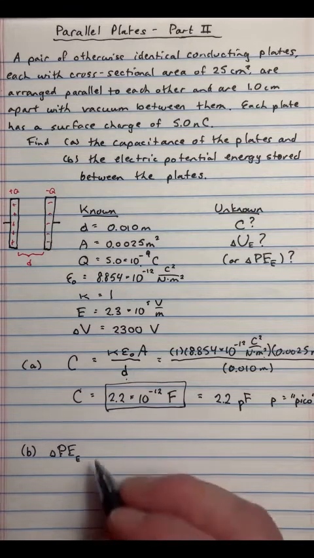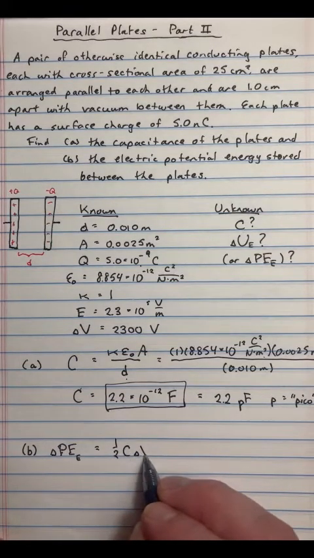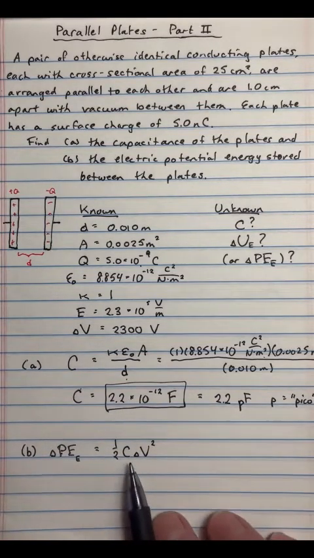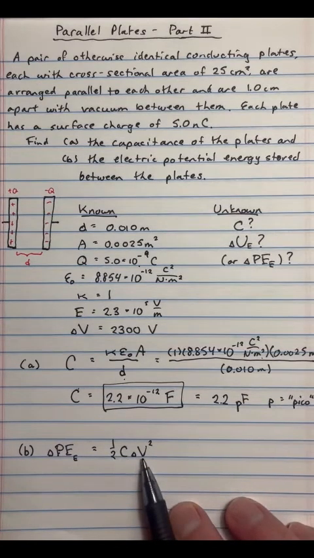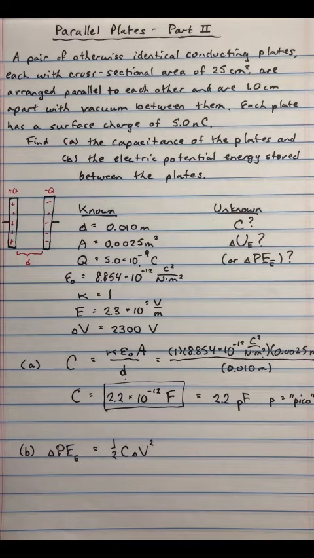So the formula I'm going to use here is this one: 1/2 multiplied by capacitance multiplied by the potential difference, or voltage, squared, like that. This is a common format for a lot of these kinds of calculations for energies. Not every energy calculation is a 1/2 something times something else squared, but it's pretty common.